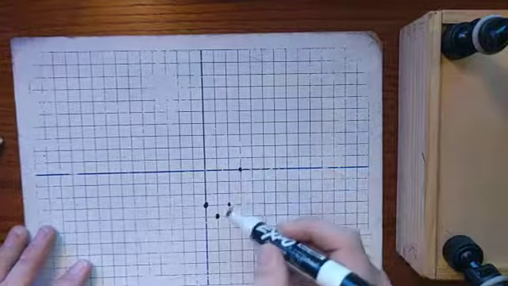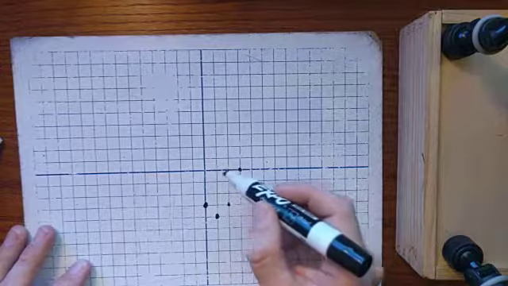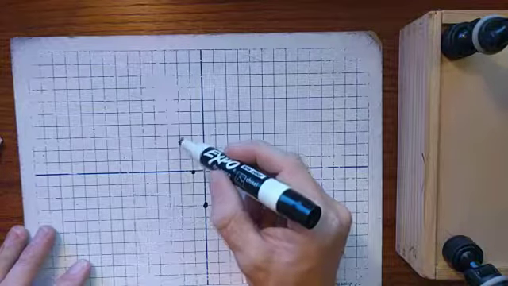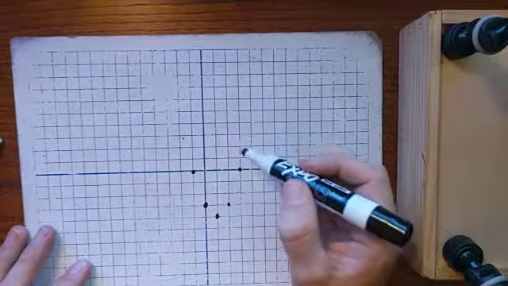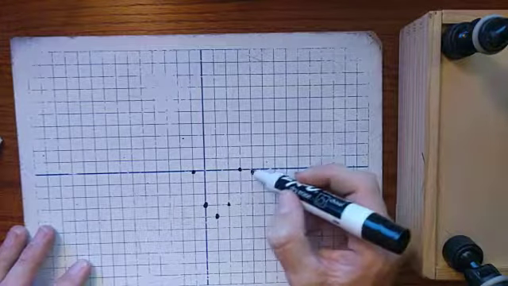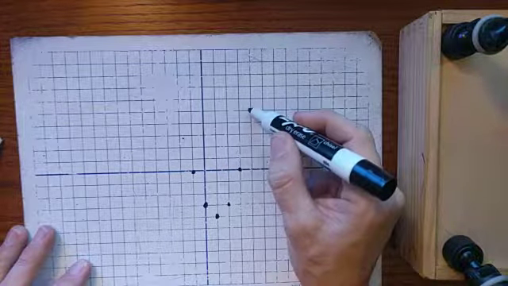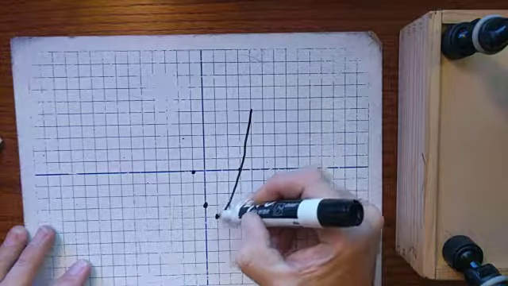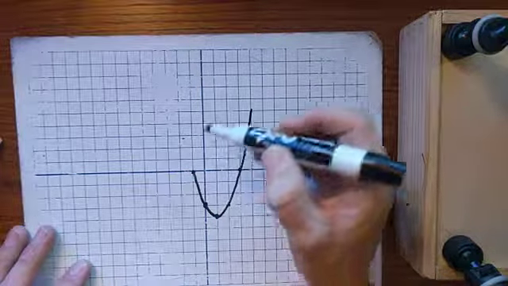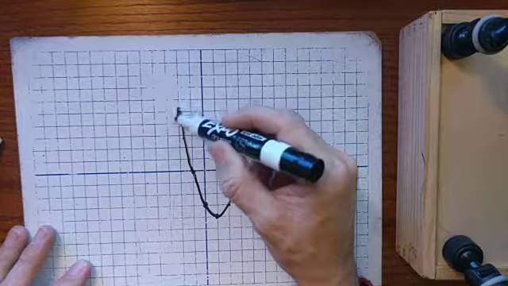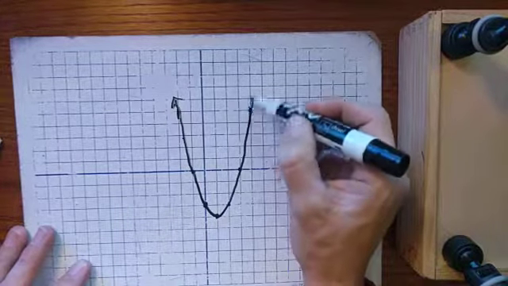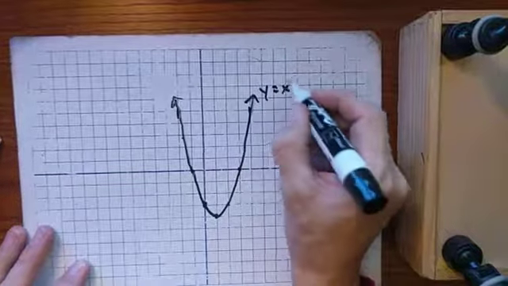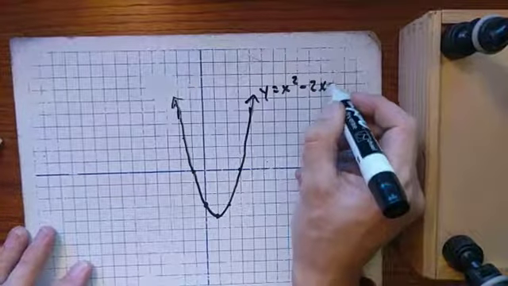It has zeros like this. So the graph kind of does something that looks like this, and I'm doing my very best to draw an accurate graph. Okay. All right. So that's y equals x squared minus 2x minus 3.